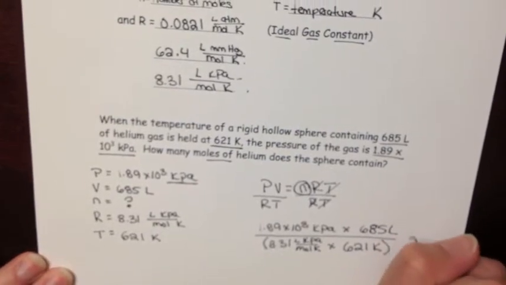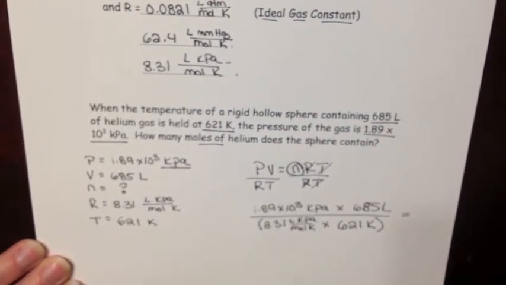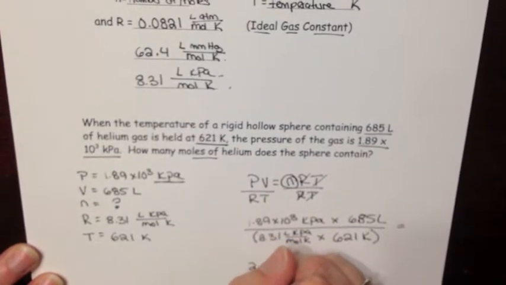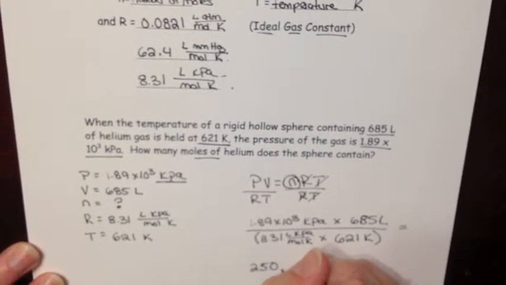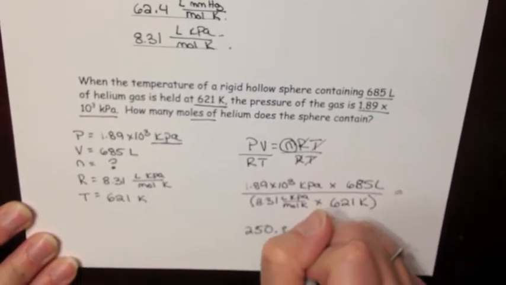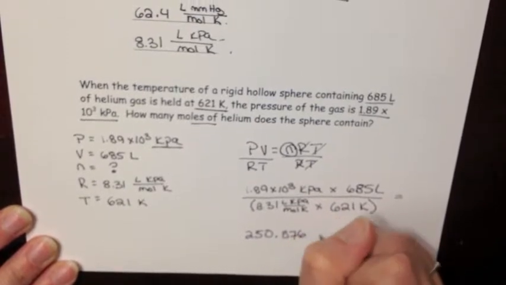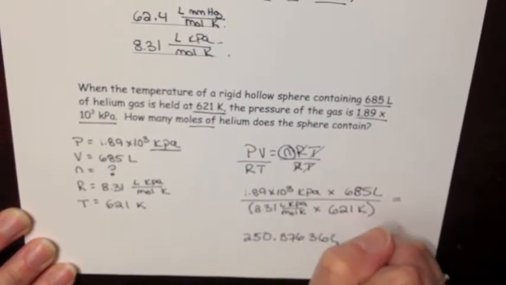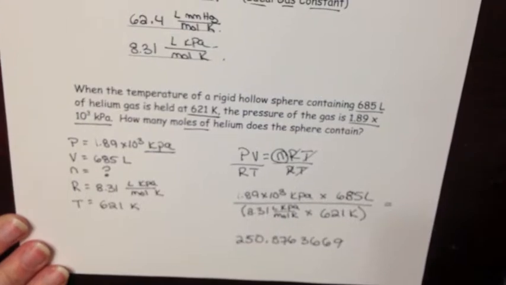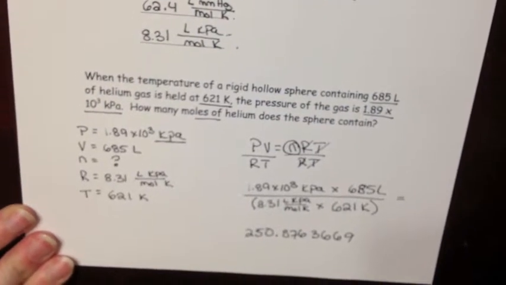Now, when I do the magic of my calculator, I get 250.8763669, which is a really long number.